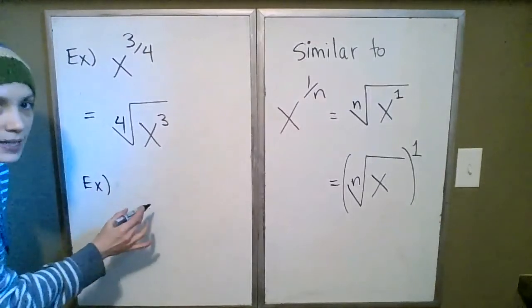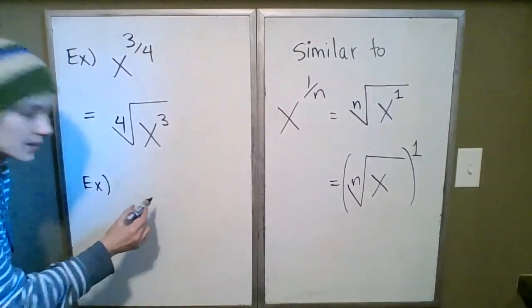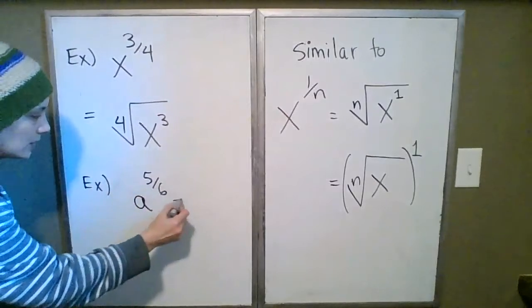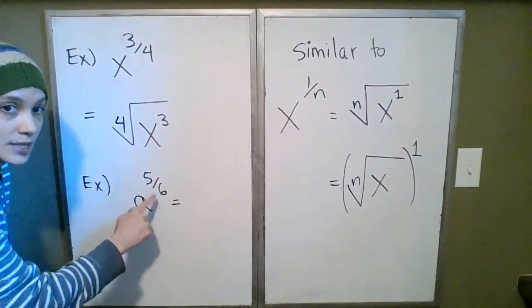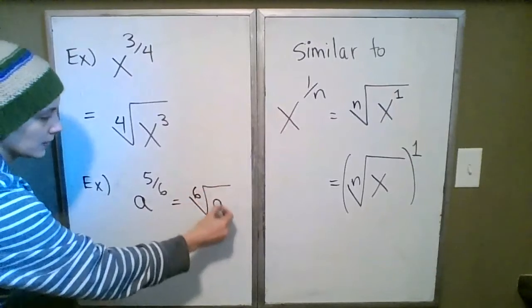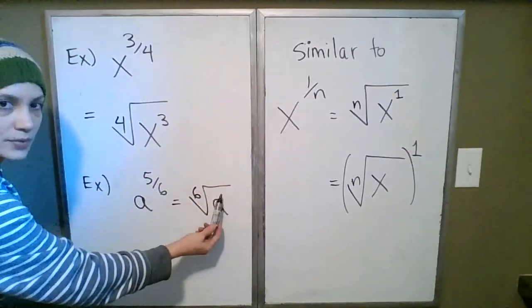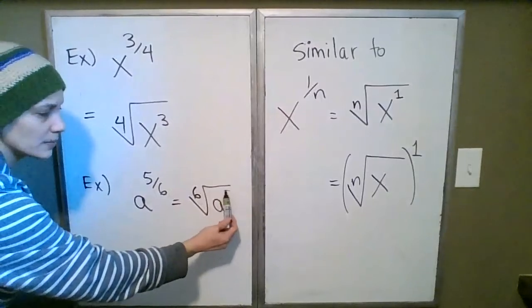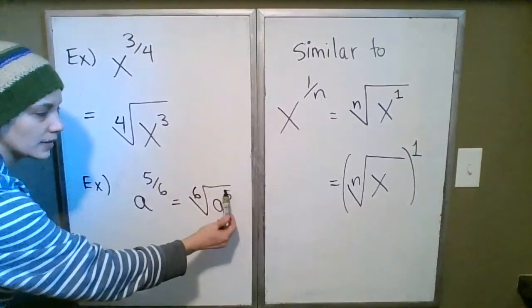We're going to have a to a power of 5/6. Denominator is the root. It's the 6th root of a. You can put the power of 5 right here or out here. I'm going to put it under here. It's correct either way.